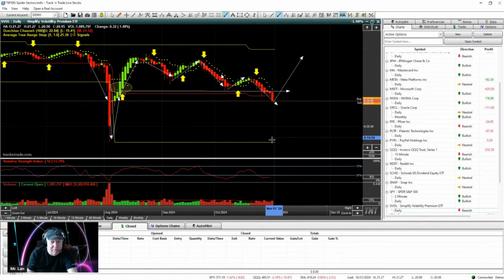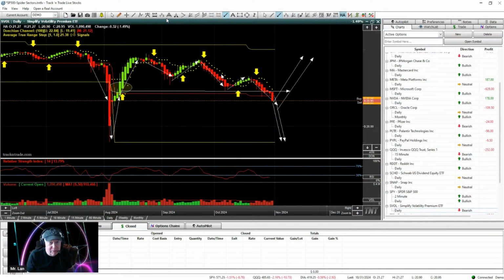So could it come all the way down to this yellow line? It could. I mean, elections come. It could pass that, could blow right past there. I'd be in some nasty drawdowns. But when things calm down and volatility calms down, it should turn around and go right back up to this location up in here.